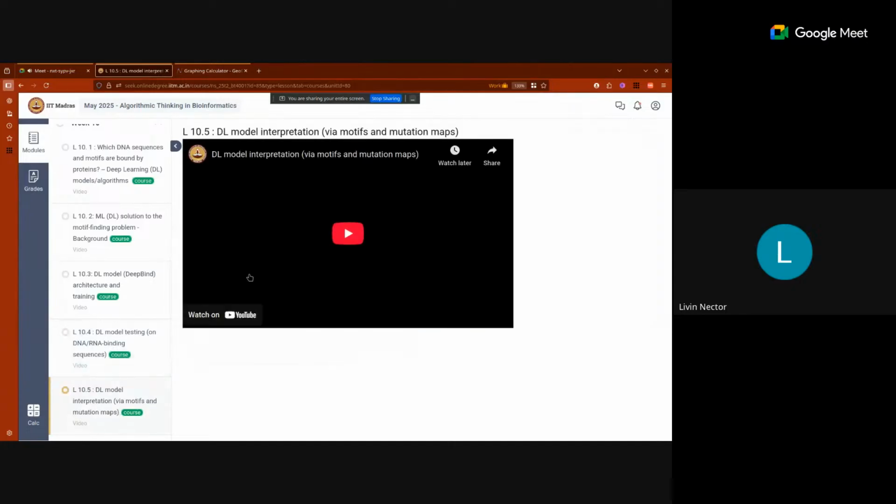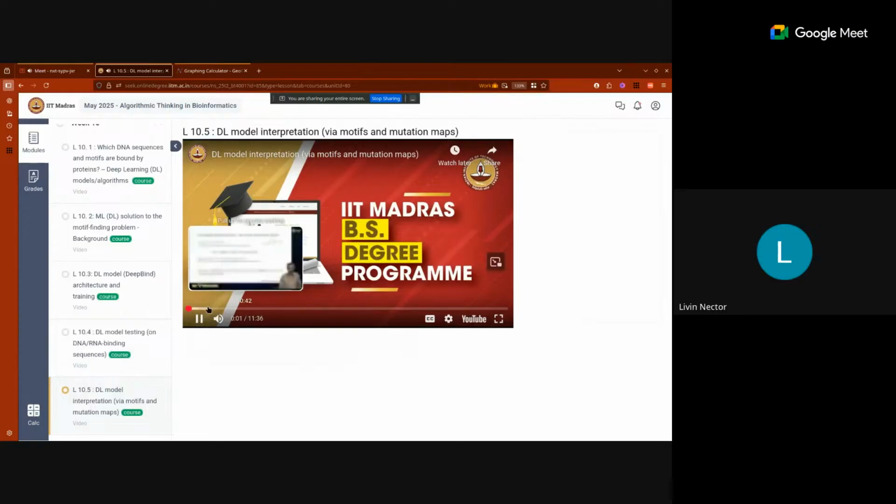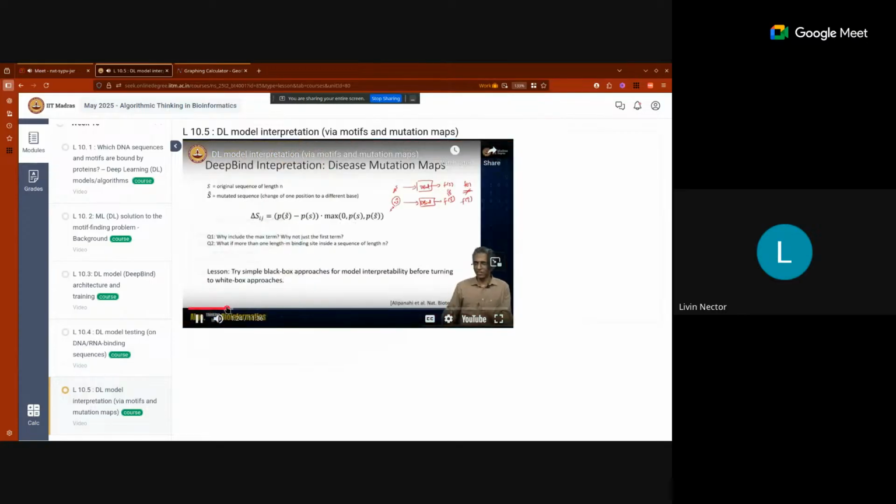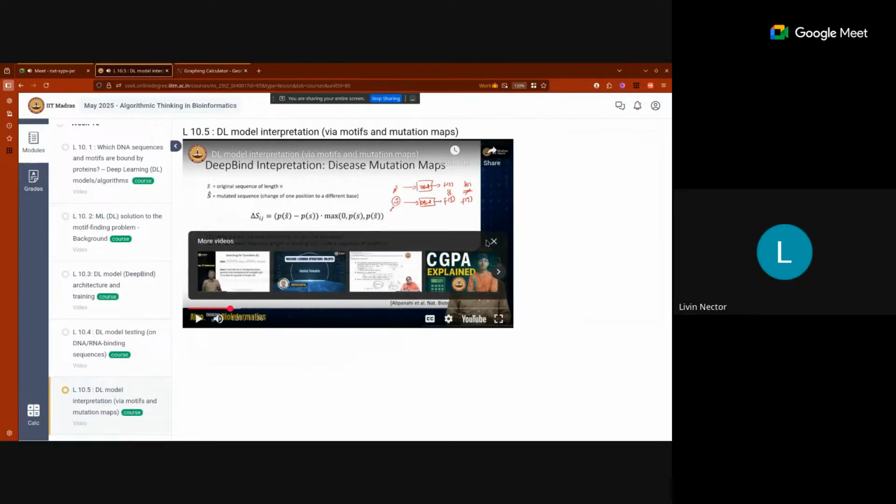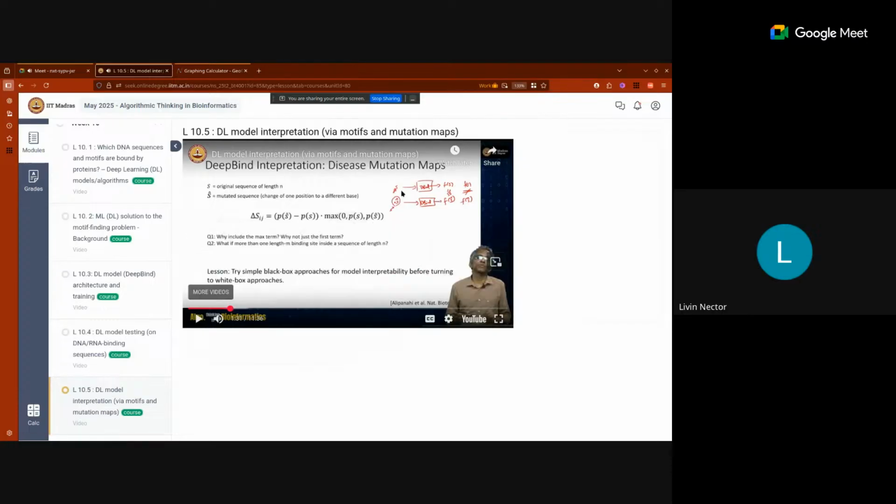Then there is another interpretation of how we identify a mutation in a certain genetic sequence. How does the mutation affect it?